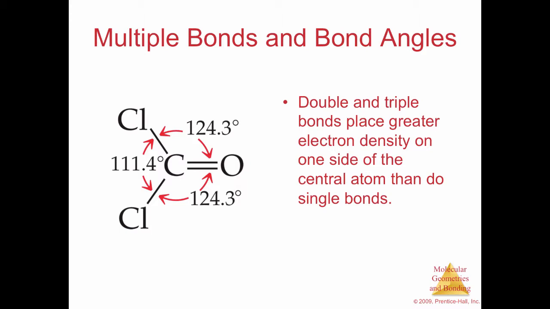Double and triple bonds place greater electron density on one side of the central atom than do single bonds. Therefore, they also affect bond angles. In this example, we see that the bond angle between the chlorine and the double bonded oxygen is 124.3 degrees, whereas the bond angle between the two chlorines is only 111.4.